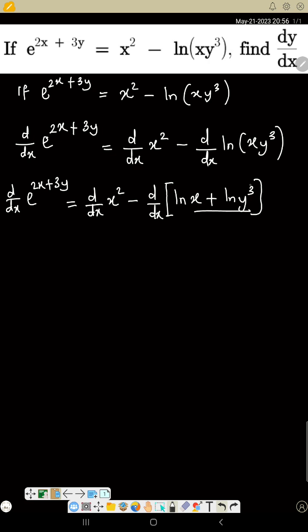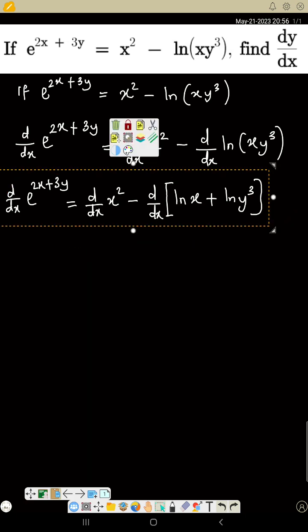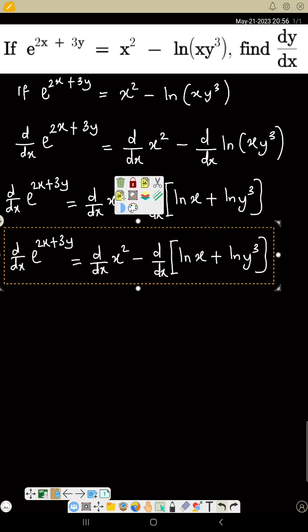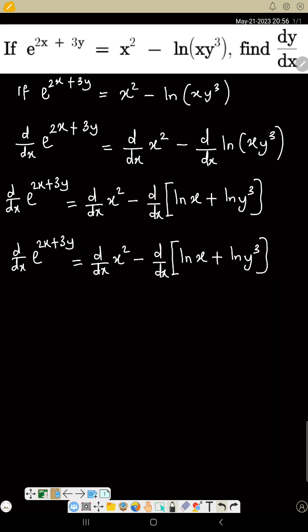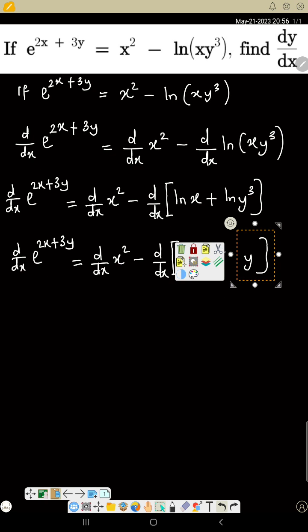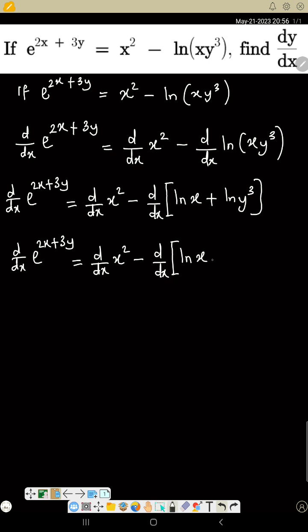Because this expression here is the same thing as ln sy cubed, in log. So this 3 can go to the back of your y, so that means this can be ln s plus 3 ln y.